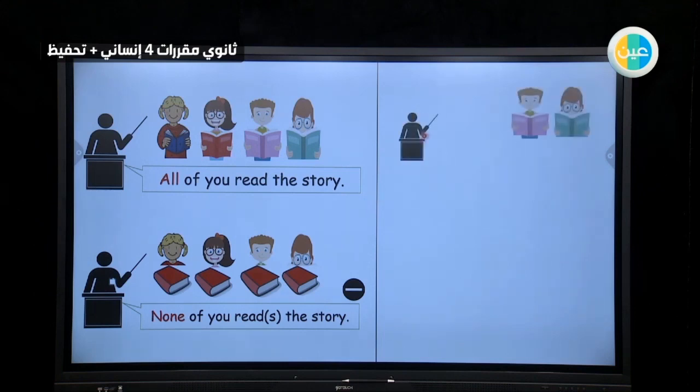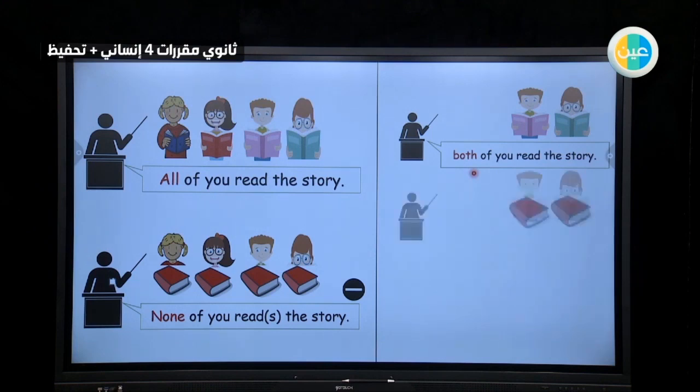Let's move here. We can see also the teacher, but how many students do we have here? We just have 2. Both of you read the story. The teacher is talking to only 2 students. Both of you, so it is used for 2 people, things, or ideas. Also we can see here, neither of you read or reads the story.